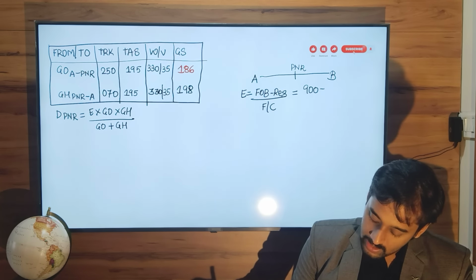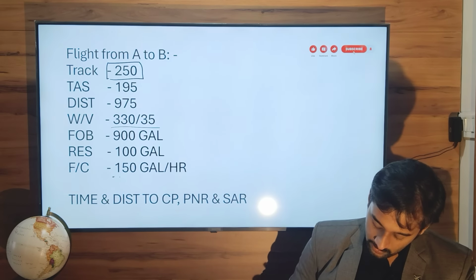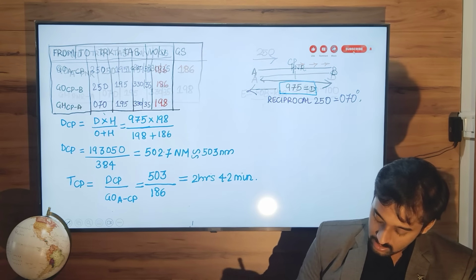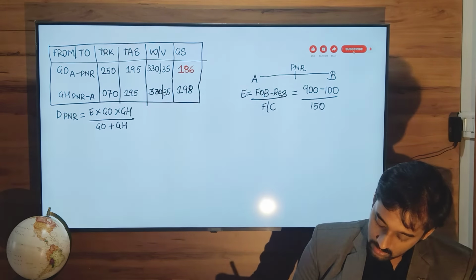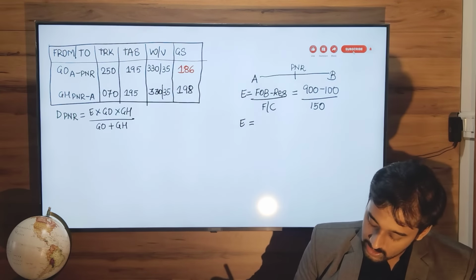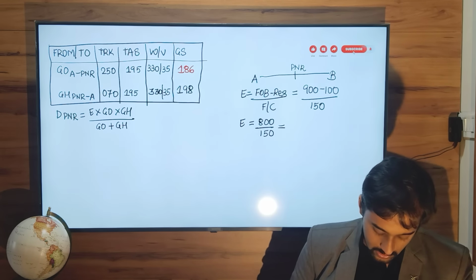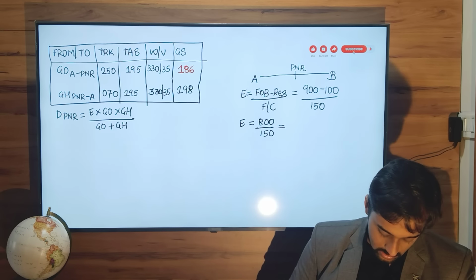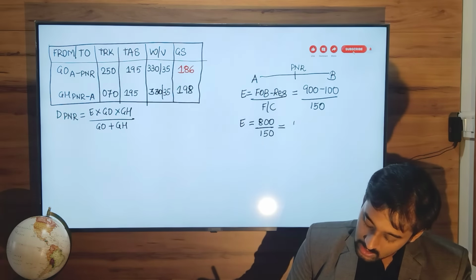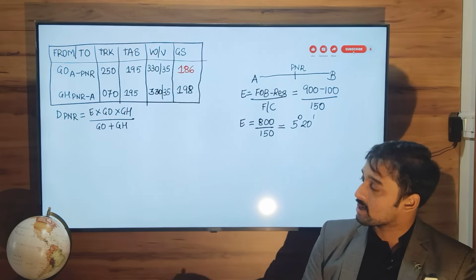Reserve is 100. Fuel consumption rate is 150. Endurance will be 900 minus 100, 800 divided by 150 equals 5 hours 20 minutes.